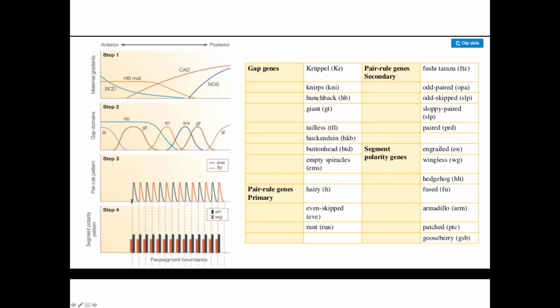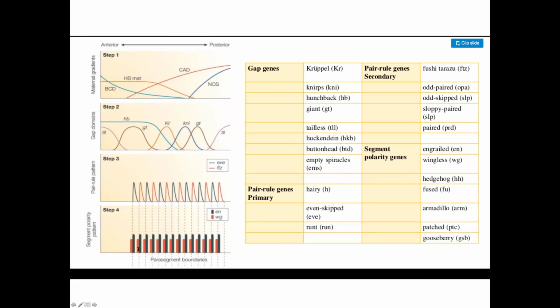So this is how this particular stripe of even-skipped is going to give rise to 14 further segments. Now these are called parasegments. We don't call them the main segments, they are parasegments. And the boundary between the engrailed and wingless positive cells is called a parasegment boundary. So this is a parasegment.